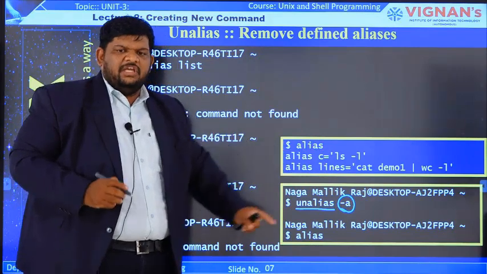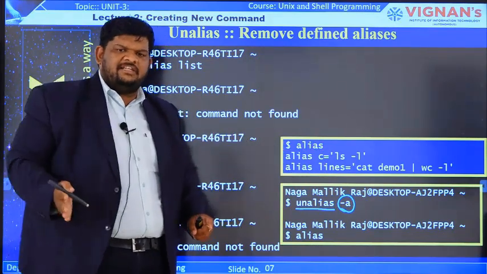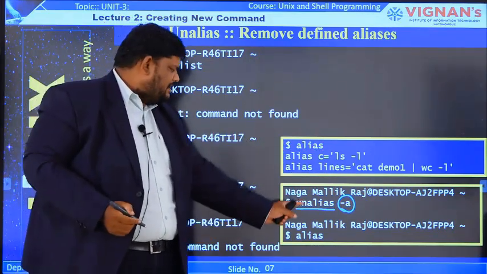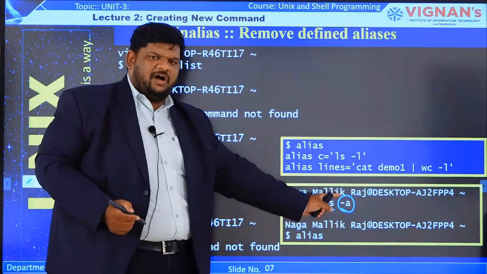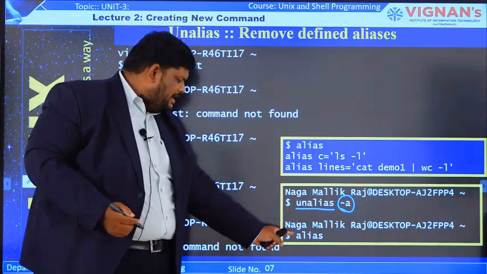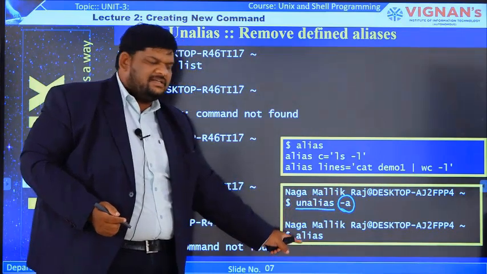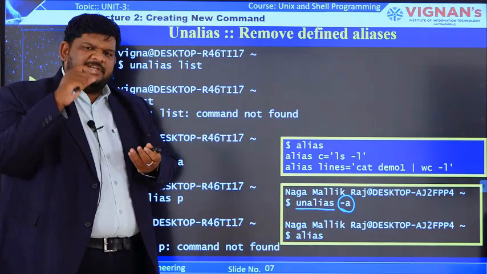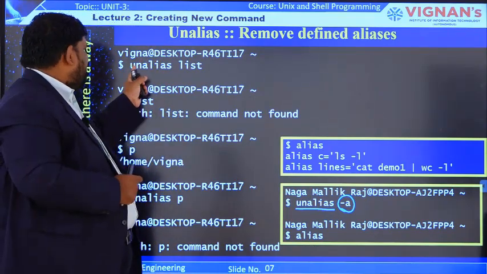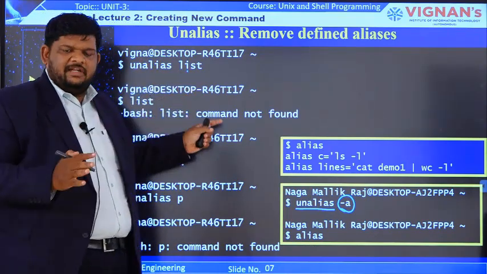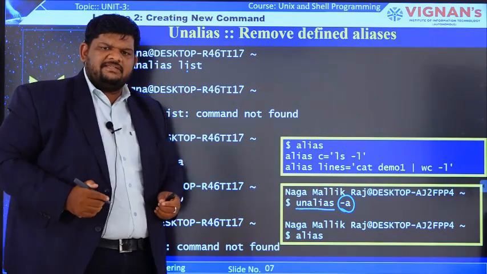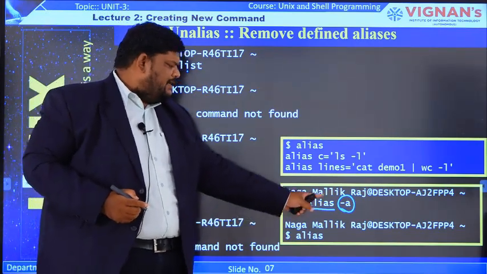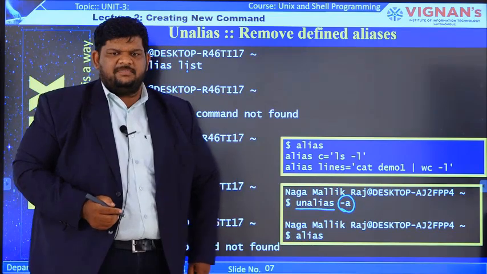If you want to remove all aliases present in our script, that command is unalias space option a. If you check alias now, no list will be present because previously we removed all aliases. If you want to remove a specific alias, unalias and the name is enough. If I want to remove all aliases, then it is possible with the unalias command only.